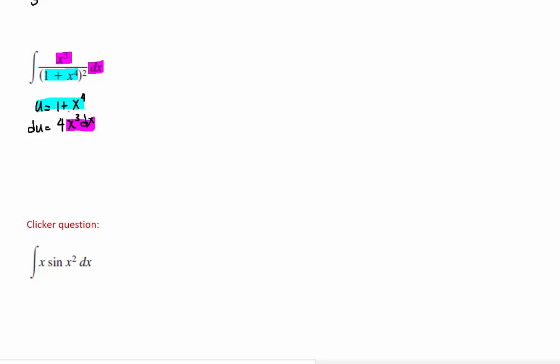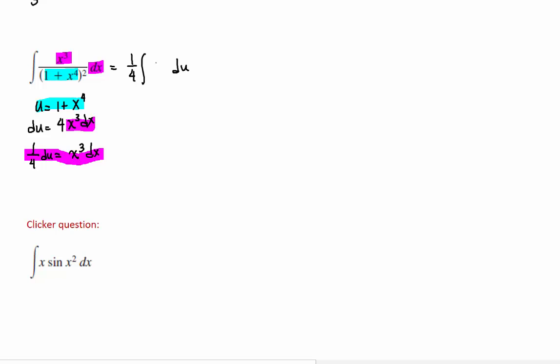So let's fix the problem with the 4, and to do that I just multiply times 1/4 on both sides, and I get exactly what I want, which in this case is x cubed dx. So I can substitute that x cubed dx by 1/4 of du.